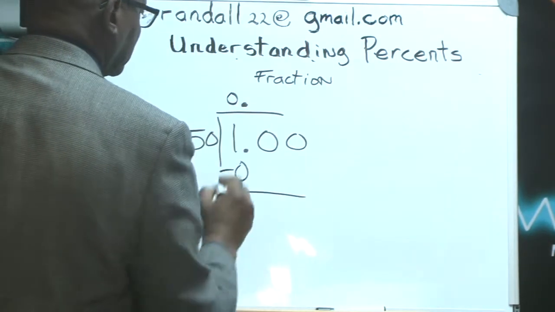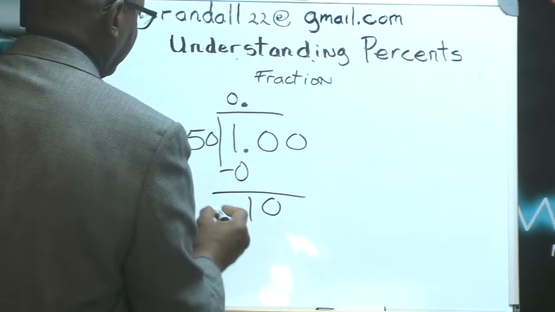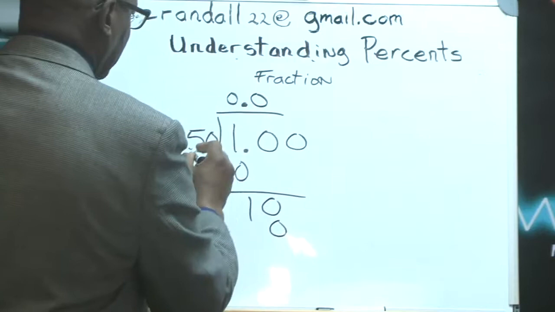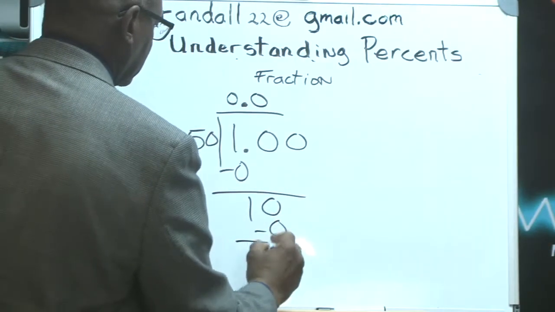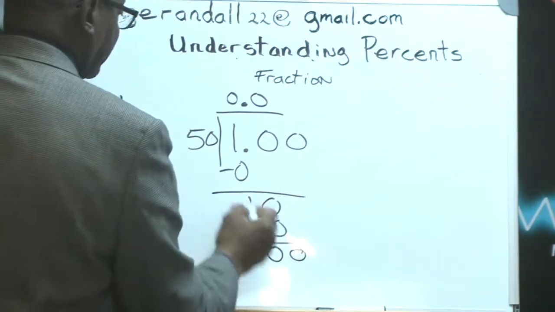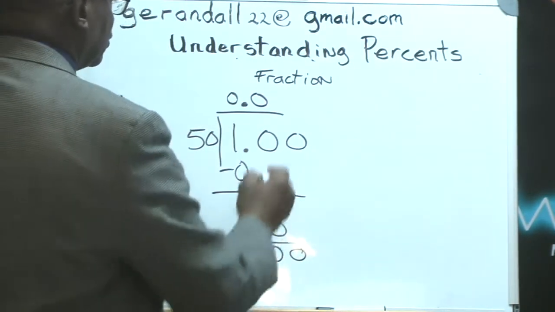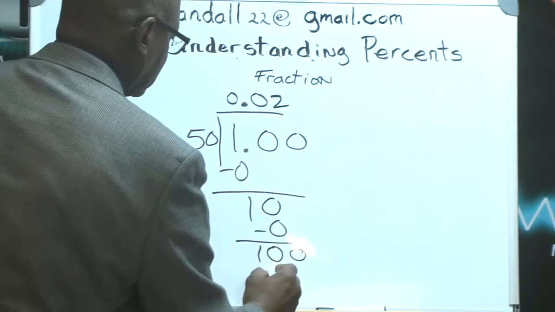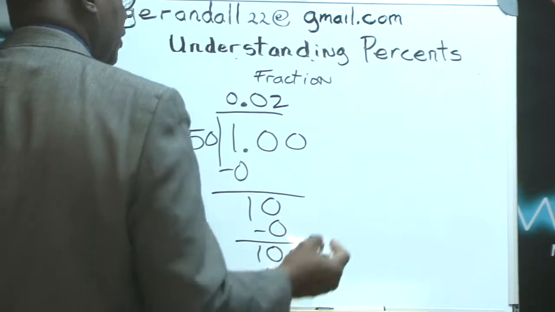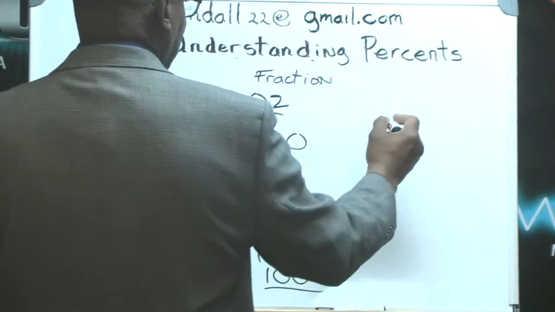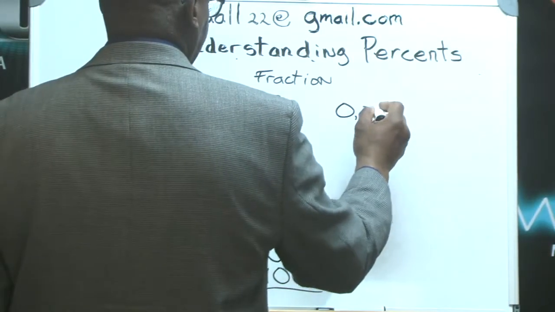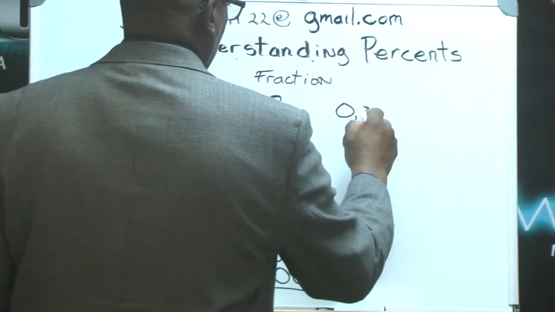Again, these are our basic steps. Can 50 go into 10? No. 0 times 50 is 0. Bring down another 0. Can 50 go into 100? Yes, twice. And we've converted this fraction now to a decimal, which is 0.02.